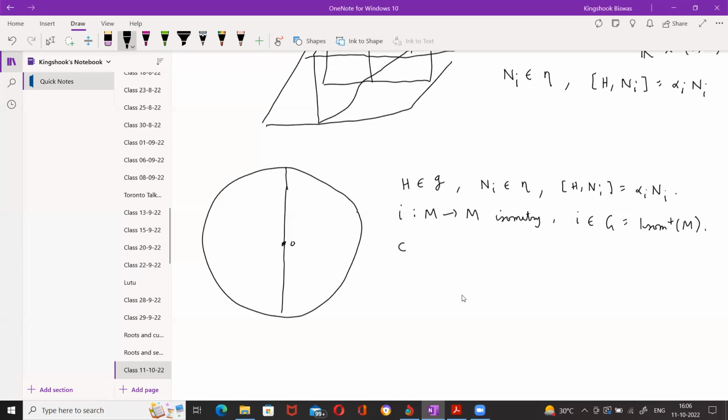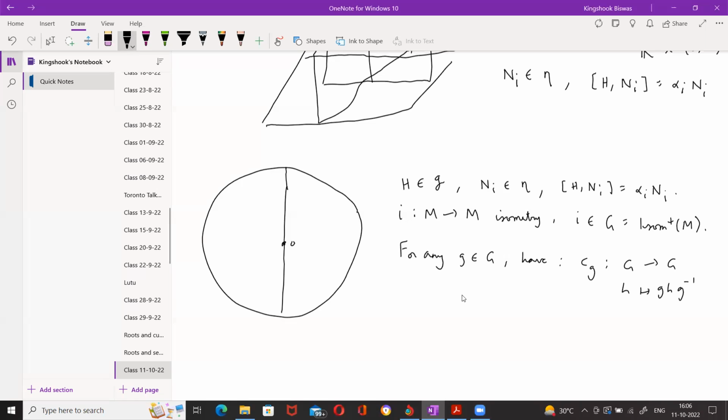For any g in G, we have the conjugation by g from G to G. h goes to g h g inverse, right?